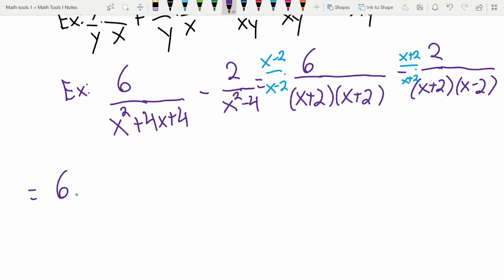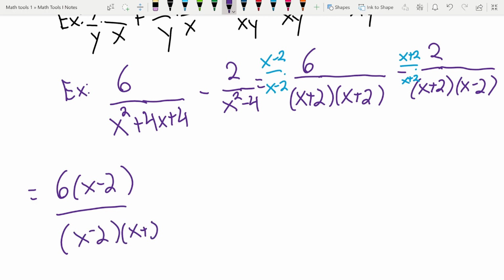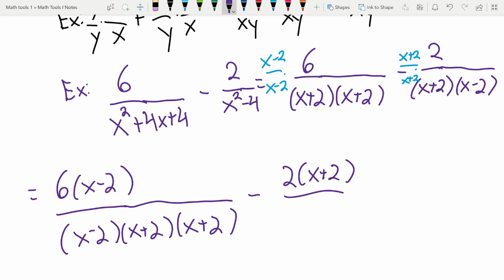So this is going to be 6 times x minus 2 over x minus 2, x plus 2, x plus 2, minus 2 times x plus 2 over the same thing, x minus 2, x plus 2, x plus 2.